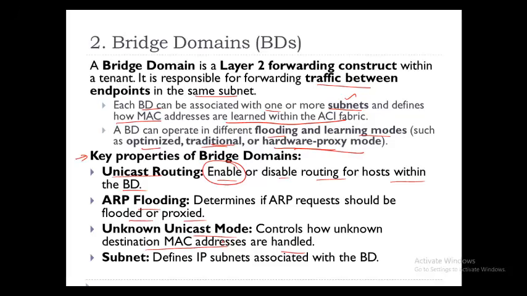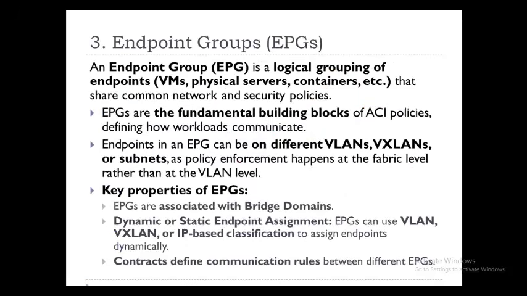The third one is the endpoint groups. Endpoint groups are nothing but the grouping of endpoints: VMs, that's one group; physical servers, another group; containers, another group; routers and switches, they're also another group. L3, L2 groups.